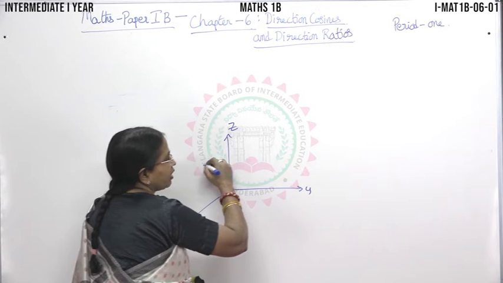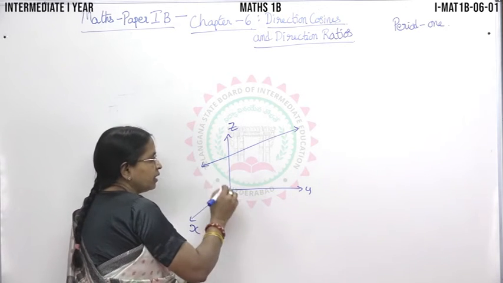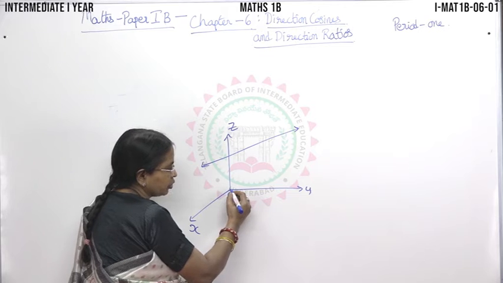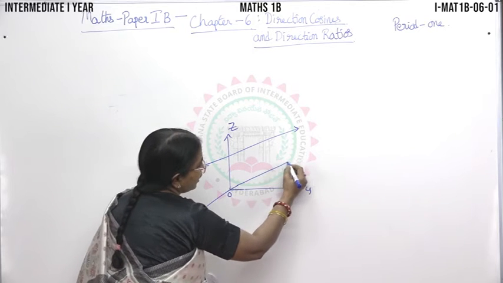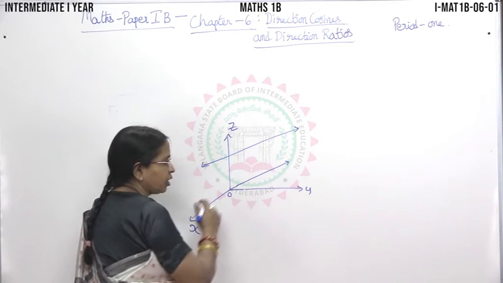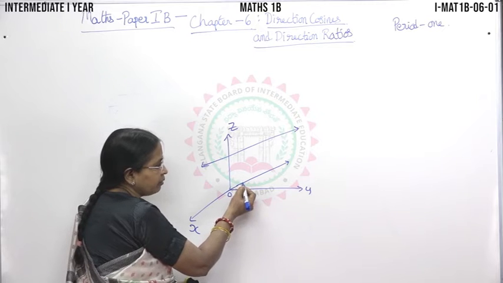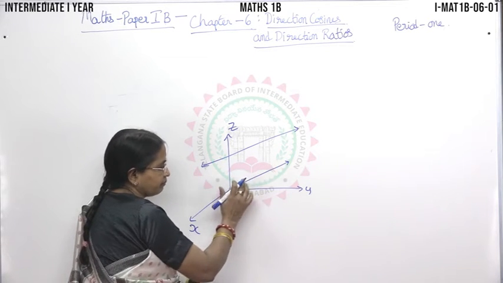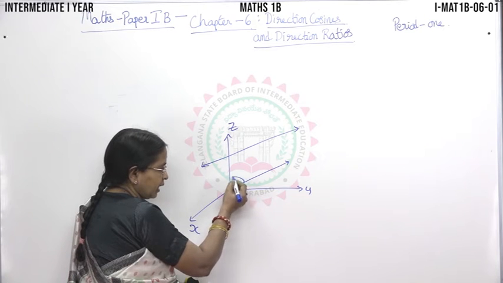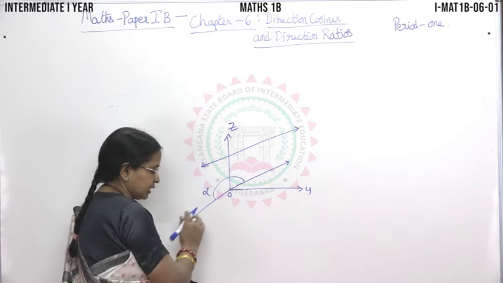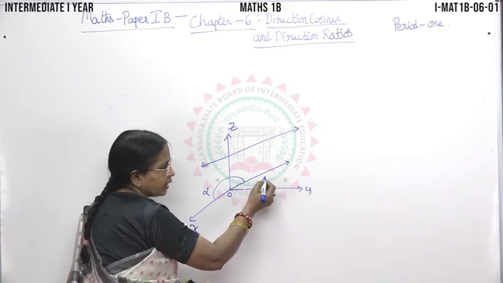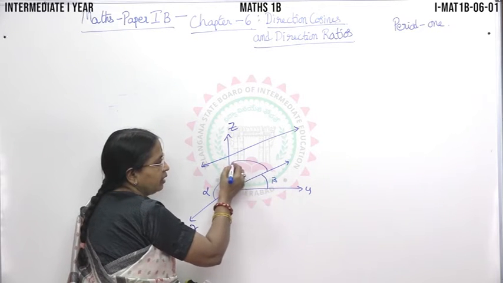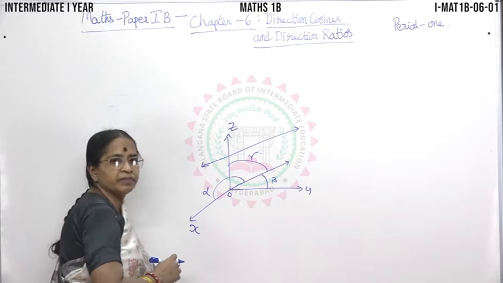Now suppose that you have a line like this. Then what you do is draw a line parallel to this line and passing through origin. Now this line will make a ray; you can consider a half ray. So this will make an angle alpha with x-axis, an angle beta with y-axis, and some angle gamma with z-axis.